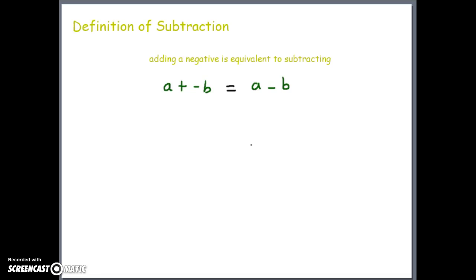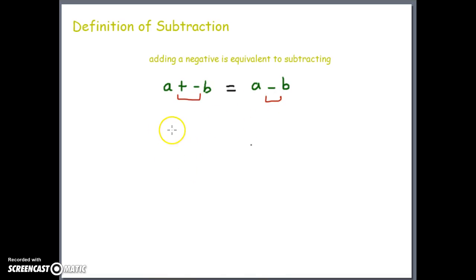The third identity that I want to discuss is the definition of subtraction. And the definition of subtraction is adding a negative is equivalent to subtracting. So you can see here a plus a negative b is the same thing as just saying A minus B. So you can condense this double sign, plus a negative, to subtraction.